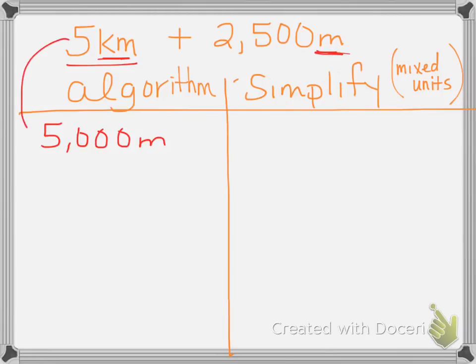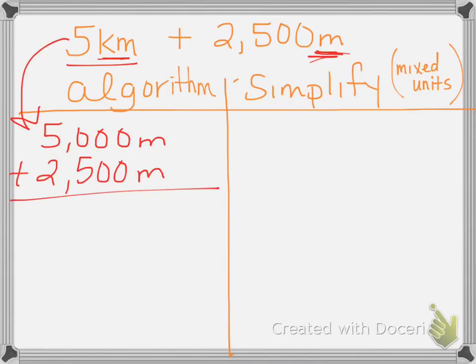So I just converted 5 kilometers to 5,000 meters. Now, because I have meters and meters, I can stack them and add. Meters plus meters. They have to be like units. Okay, you can't add apples plus oranges and get only oranges.